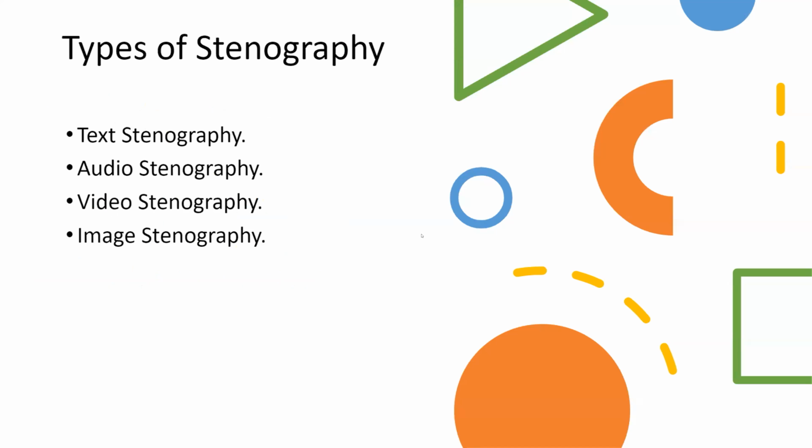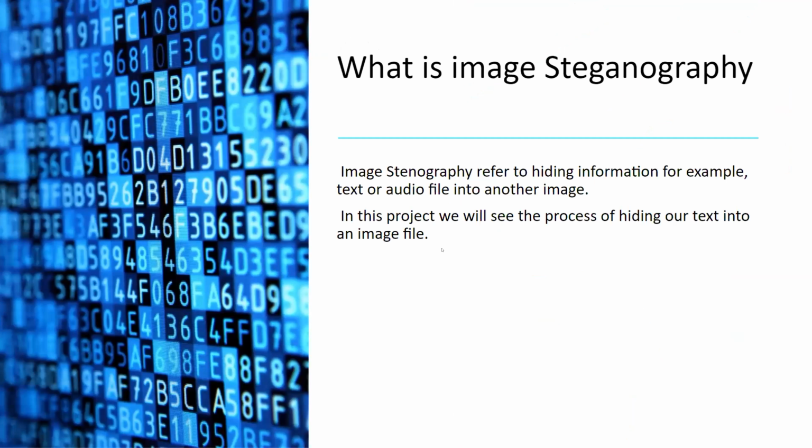There are 4 types of steganography: text, audio, video, and image steganography. Image steganography refers to hiding information such as an audio file or another image. In our project, we will use the process of hiding text in an image file.